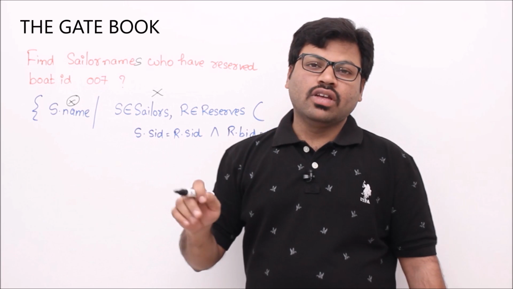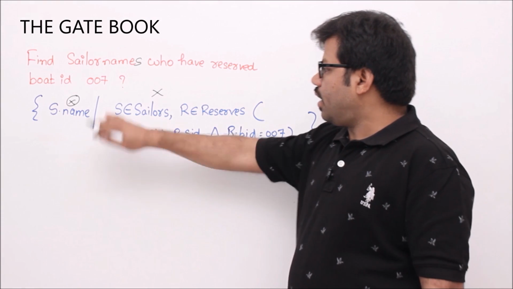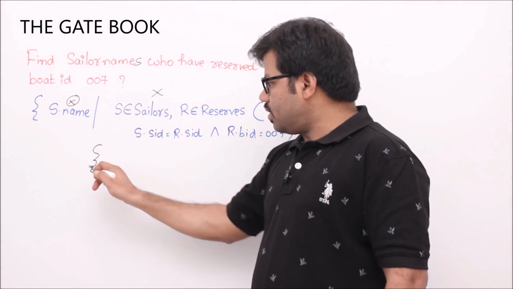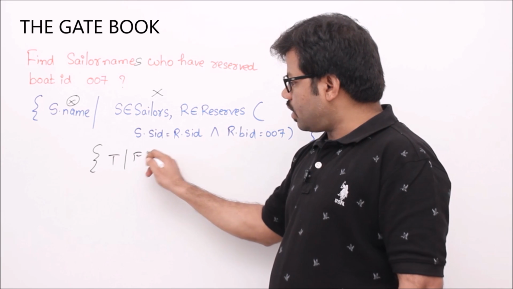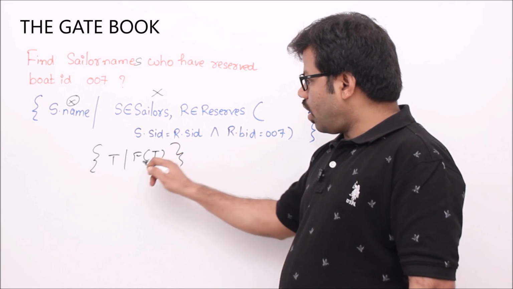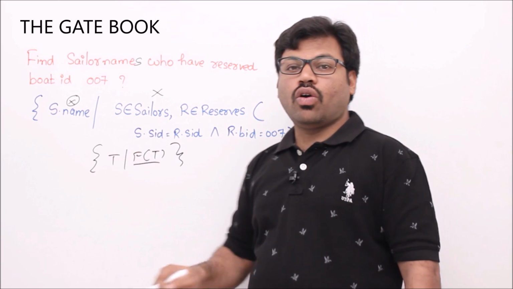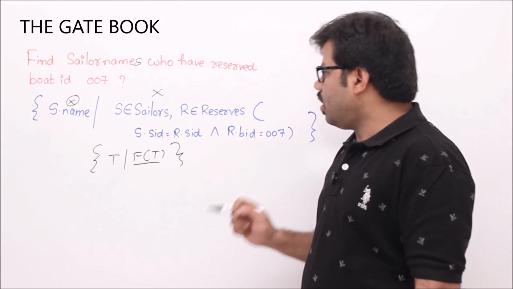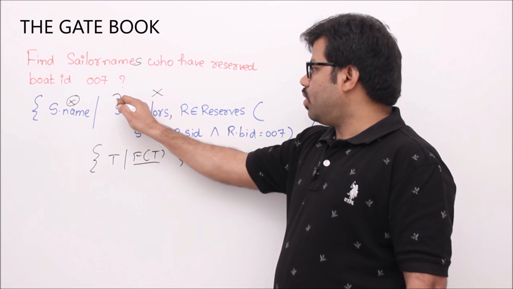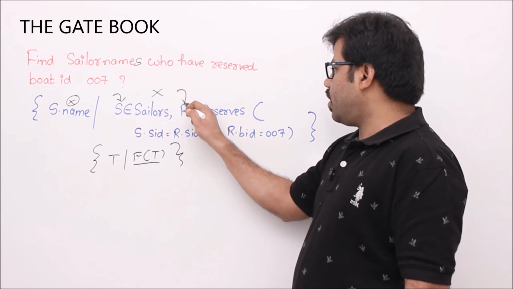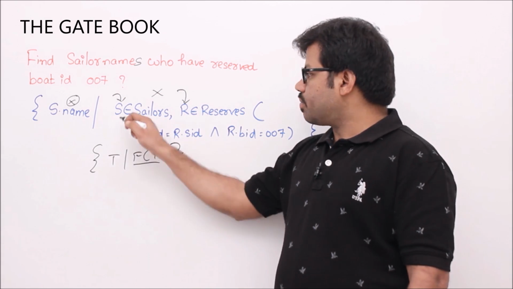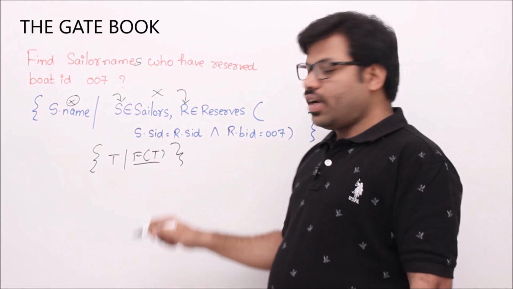That is one mistake. Second thing, in entire tuple relational calculus, this is the structure, right? {t | f(t)}. In your formula, t should be the only free variable. But here how many free variables are there? S is a free variable, R is a free variable, right? What is a bound variable?